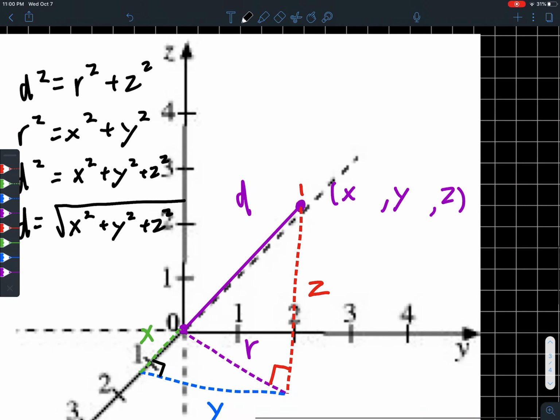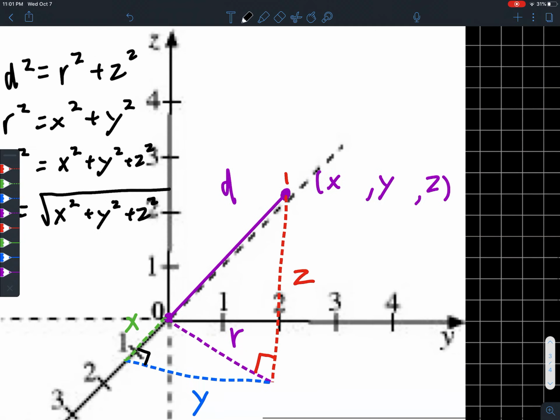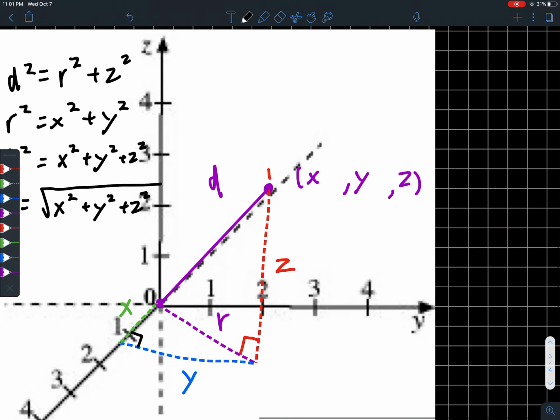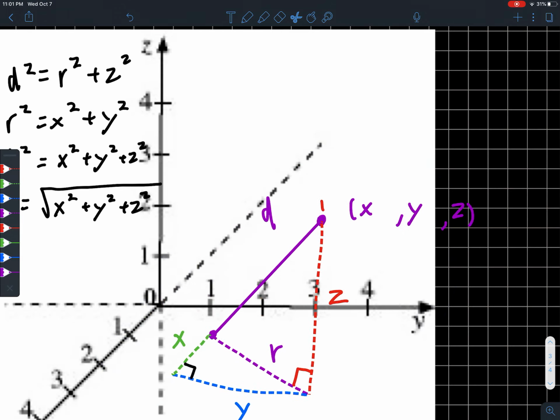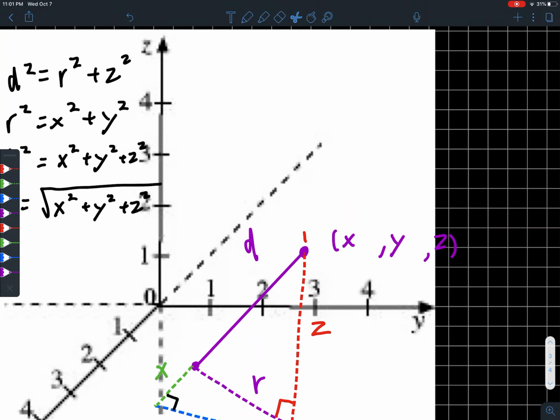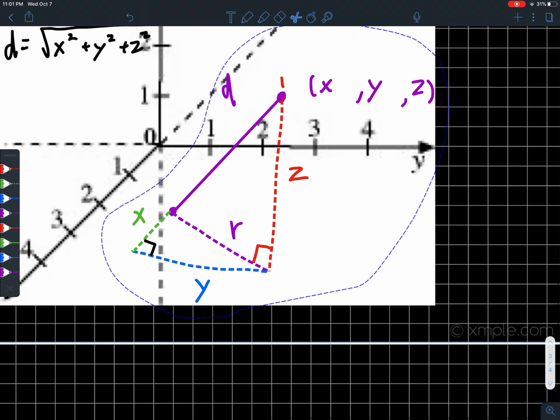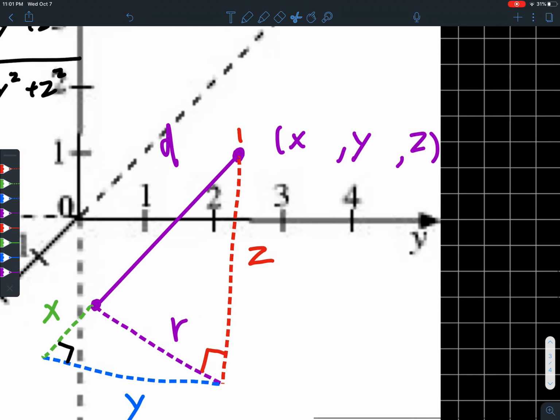Okay, now, that's when we made the problem simpler for us. We're going to go ahead and move this thing just a little bit. I'm going to move it to some point here.